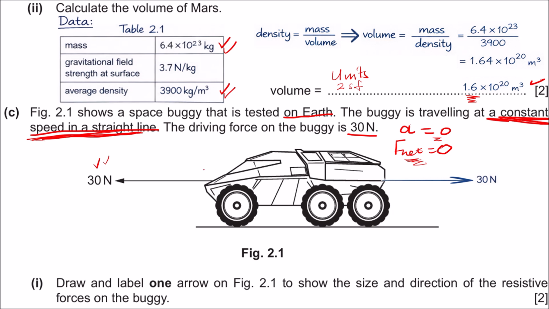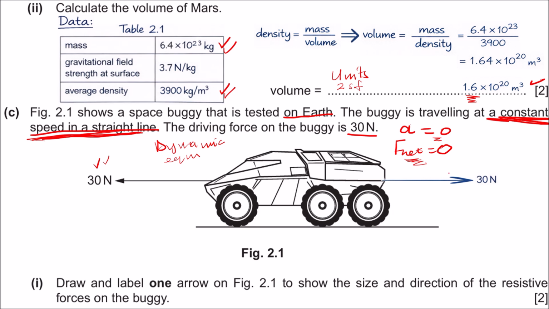Hence, we say the object is in dynamic equilibrium. It's moving, but it's at equilibrium. The resistive force balances the driving force, meaning it will maintain the same velocity since there is no acceleration. With this, that's how you earn your 2 marks.